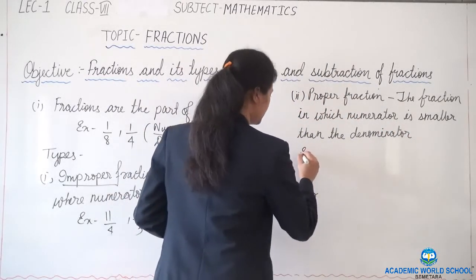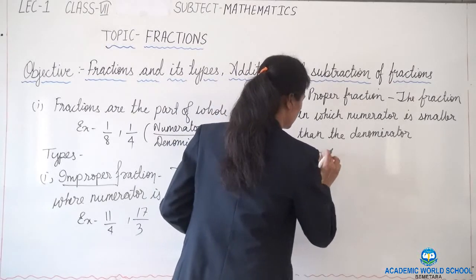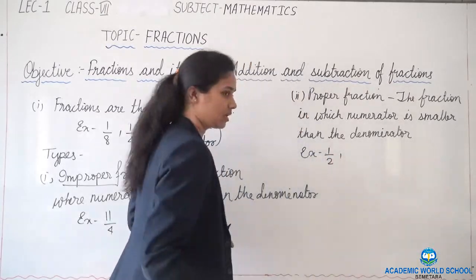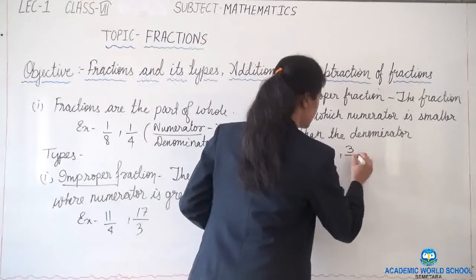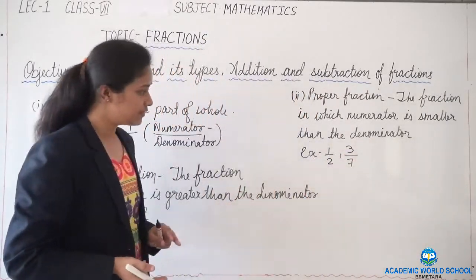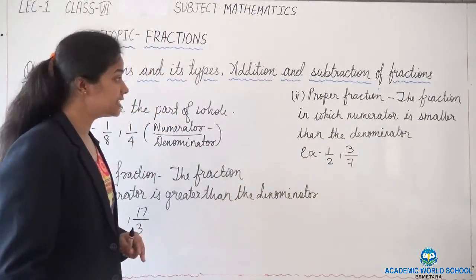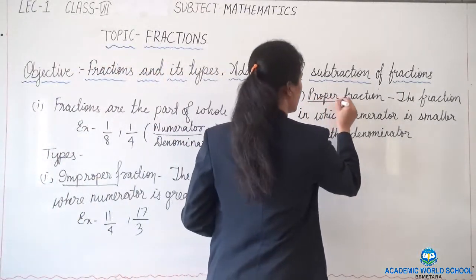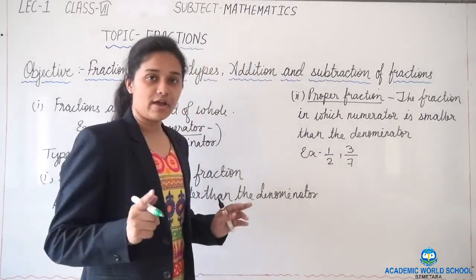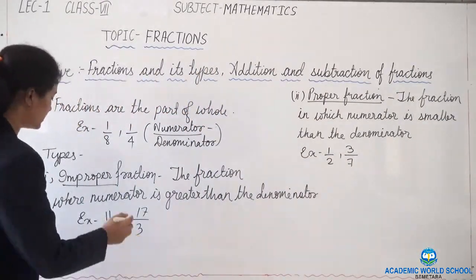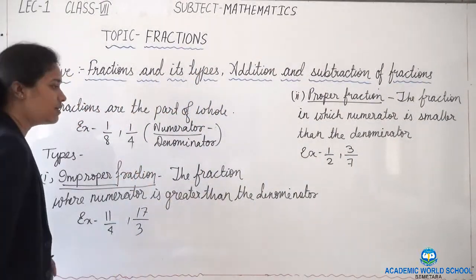What can be the examples? Example can be 1 by 2, 3 by 7. So in both the examples what we saw, numerator is smaller than the denominator. So it is what kind of fraction? It is proper fraction. When numerator is greater than the denominator, we term it as improper fraction.